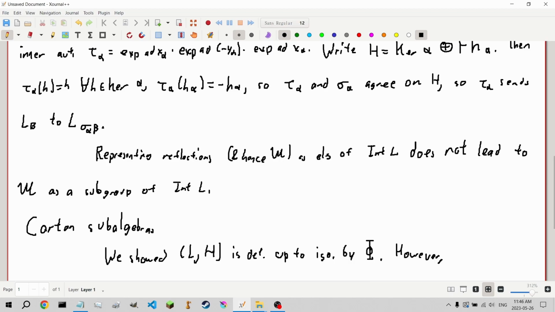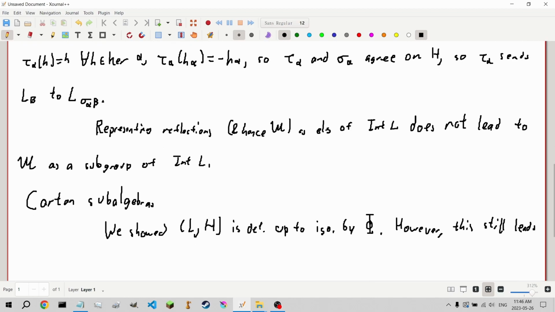However, this still leads to a dependence on our choice of H. Because if we pick a different maximal torus subalgebra, we could possibly not recover the same thing.